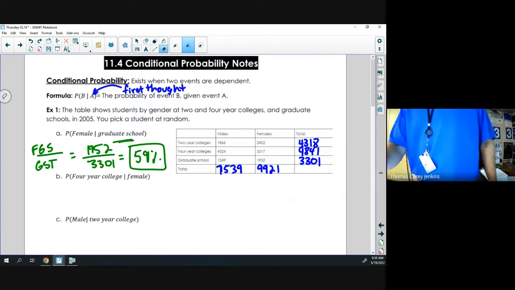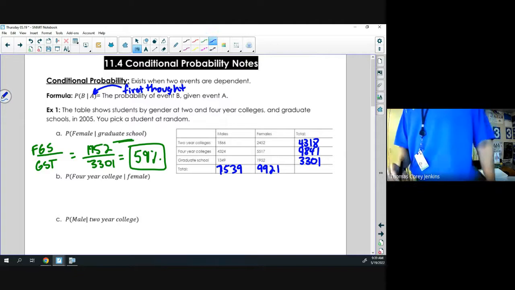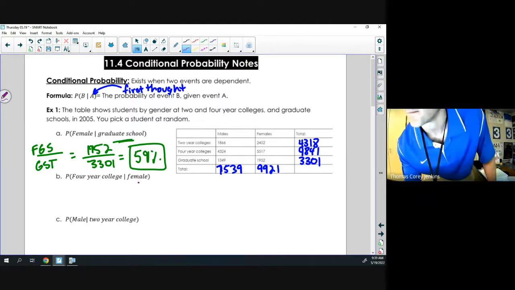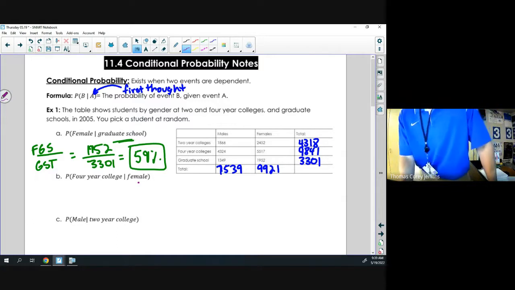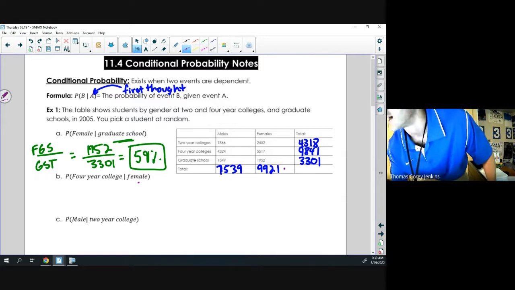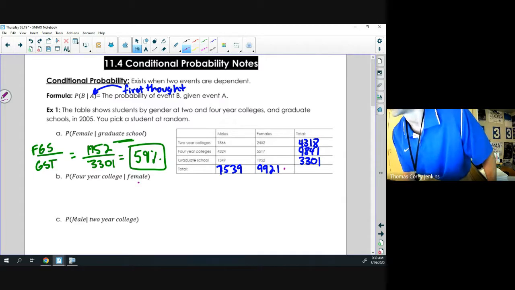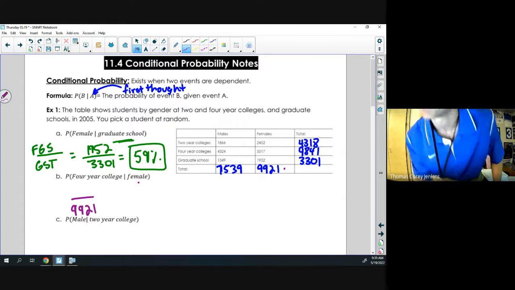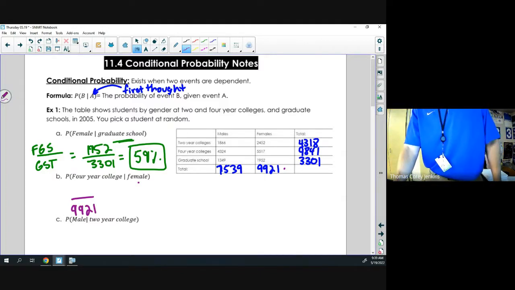All right, in the next one, we are looking at females, so that's my denominator here: 9,921. Given that I'm looking at females, what's the probability that female attended a 4-year college?